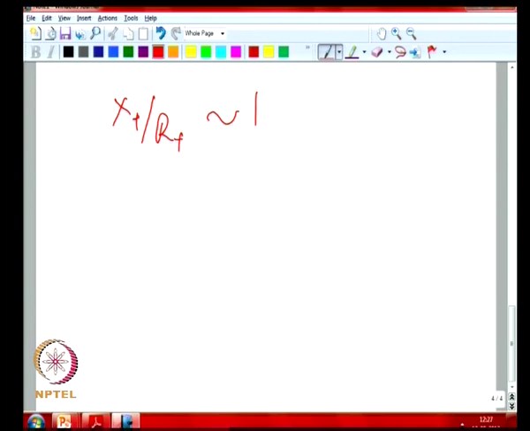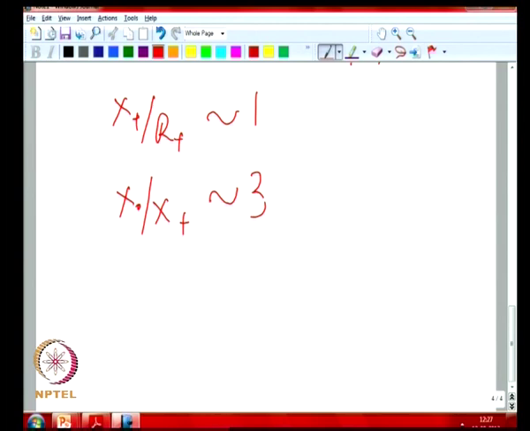Also, if you look at the X0 by X plus, this is typically around 3 for these lines.